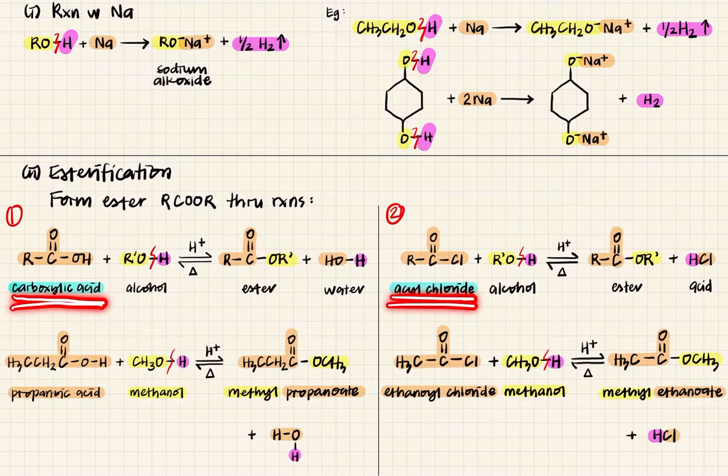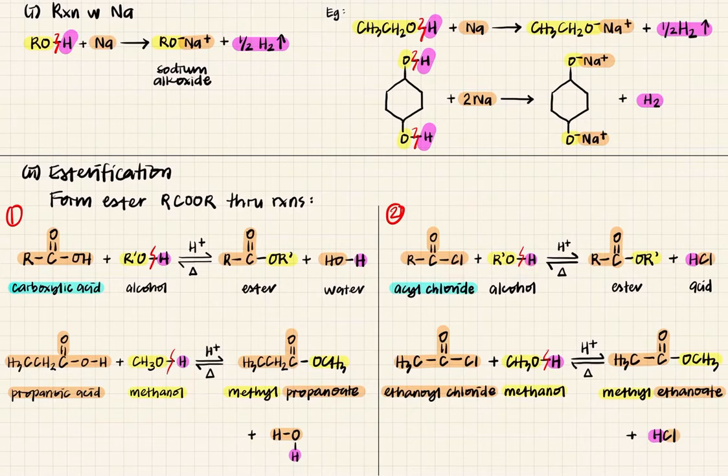But with both you will get ester, with different byproducts. When you react carboxylic acid with alcohol, you remove water. But when you react acyl chloride with alcohol, you will get acid as the byproduct, because you remove the Cl from the acyl chloride, so it is HCl.